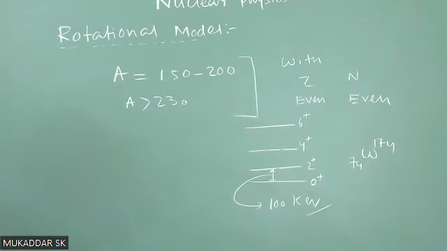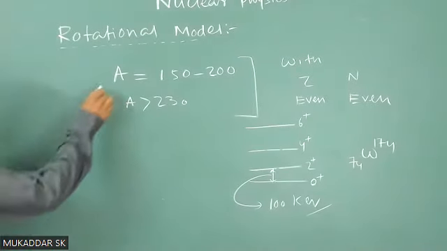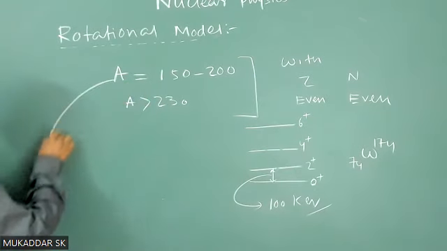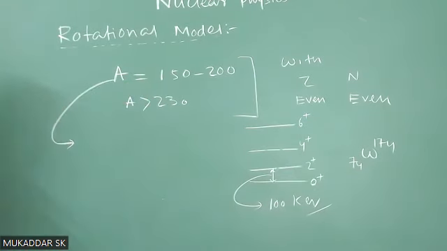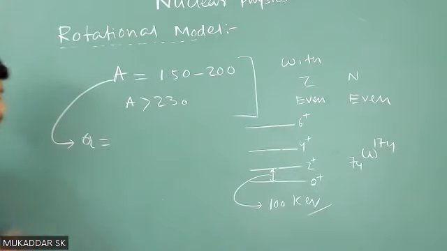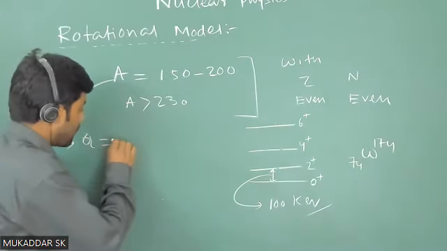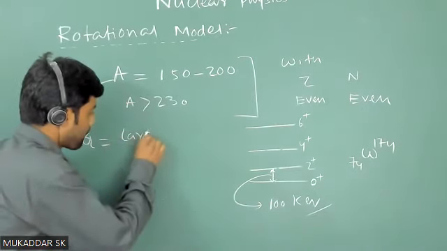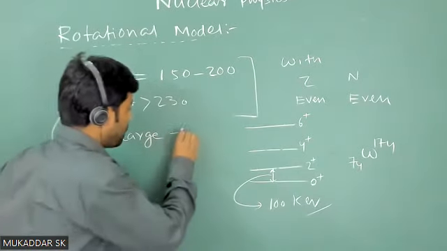And also, if I talk about the quadrupole moment for mass number between 150 to 200, for such nuclei the electrical quadrupole moment is a large negative value.